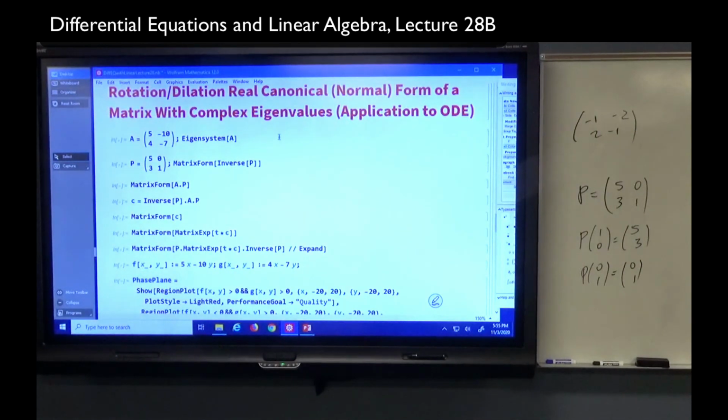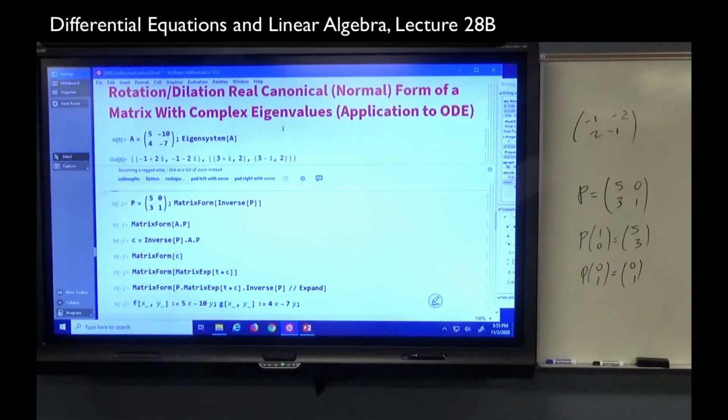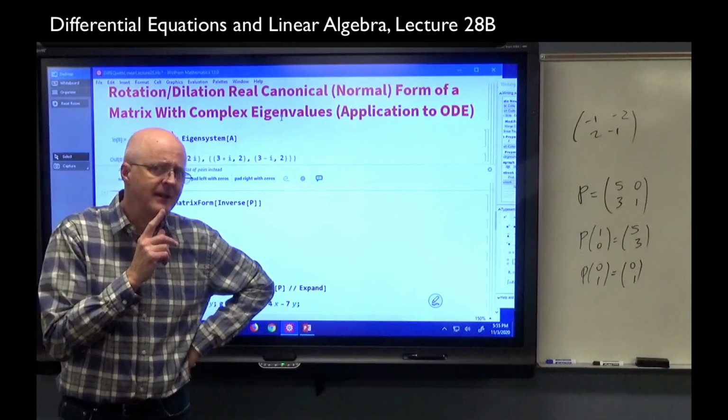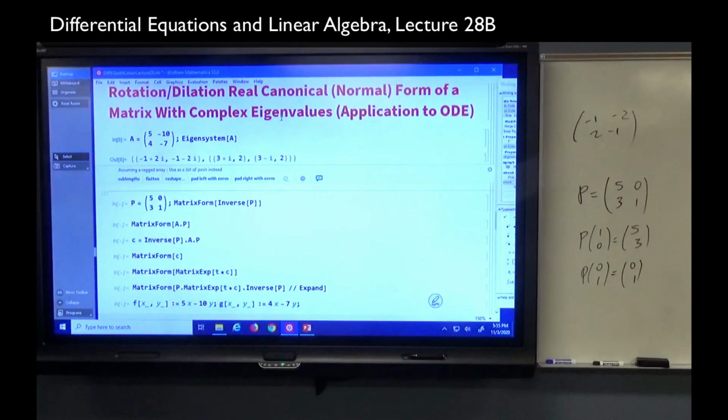Now on to the current example. Here's our A matrix. Its eigenvalues are -1 plus or minus 2i. They've got to be complex conjugates when A itself has real number entries. If we allow A to have complex number entries, then the eigenvalues, if they're complex, don't have to be complex conjugates. Here's our P matrix and its inverse.